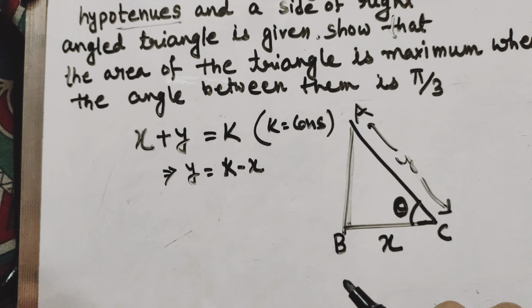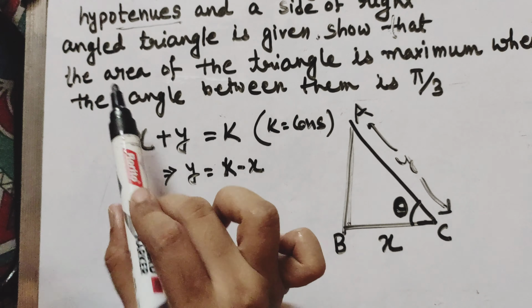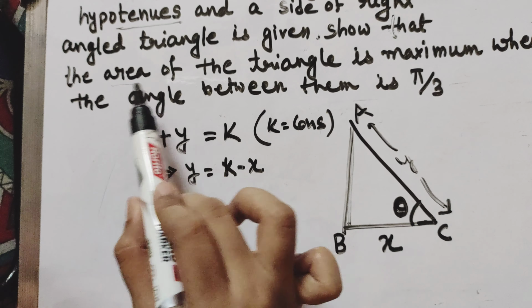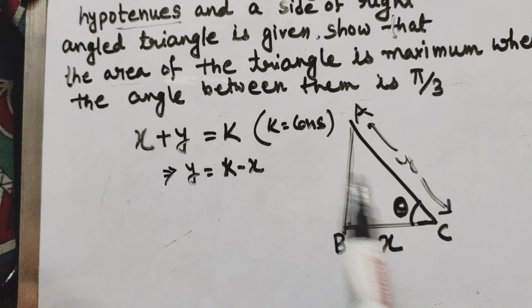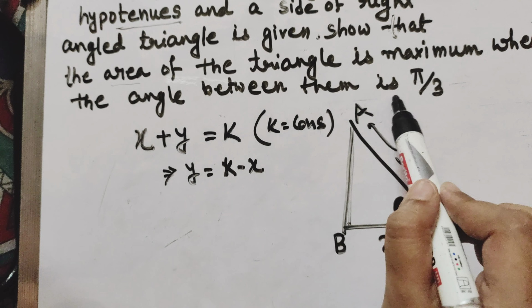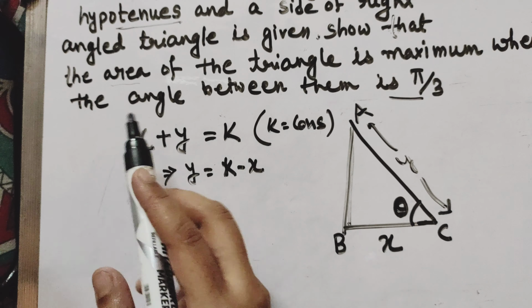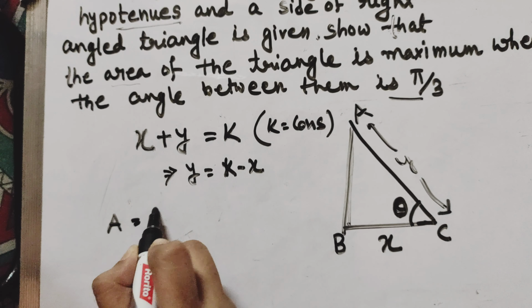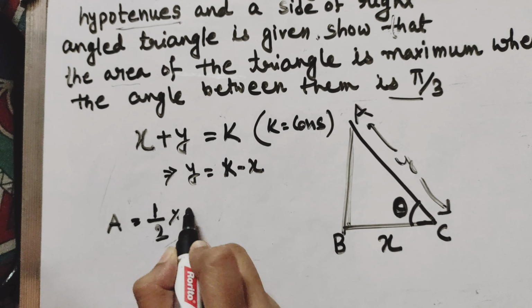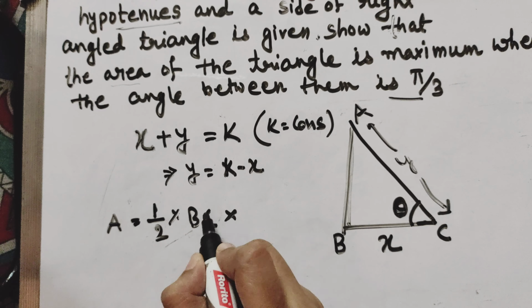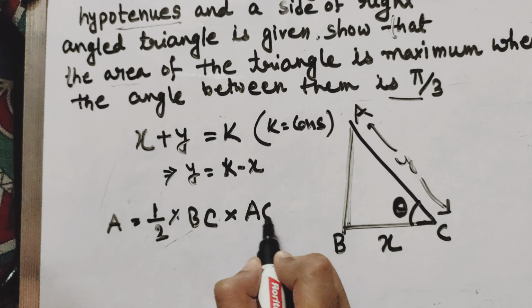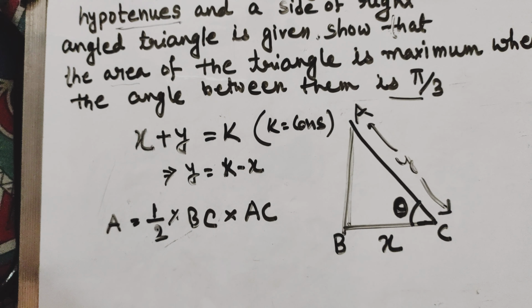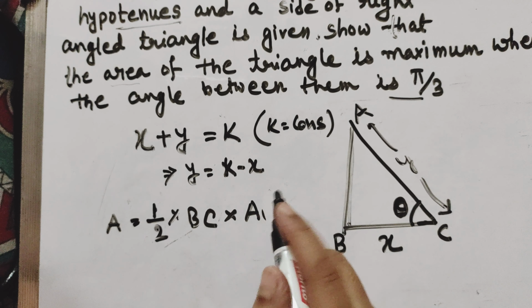Now, next, we have to prove that the area of the triangle is maximum when the angle between them is pi by 3. So what is the formula for the area of a triangle? A equals half into base, that is BC, into the height, here AB.